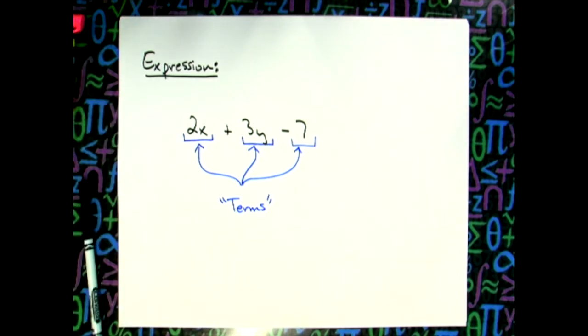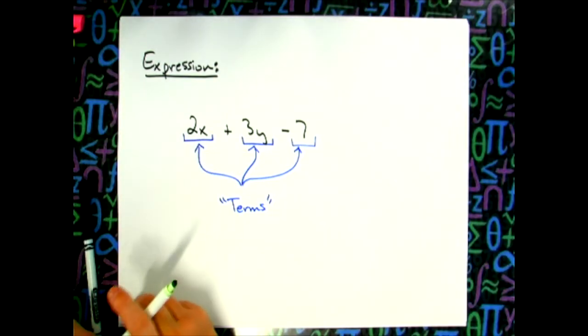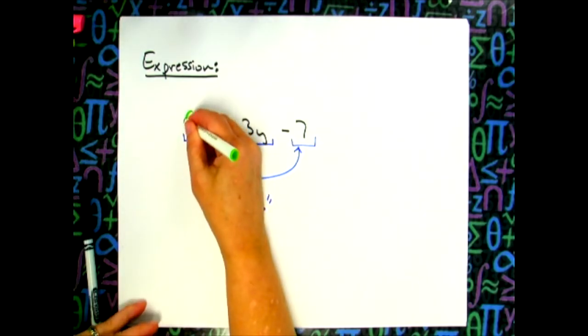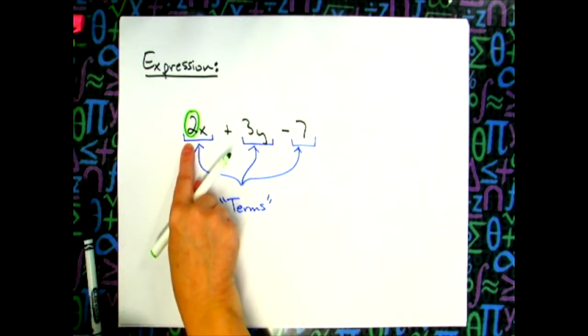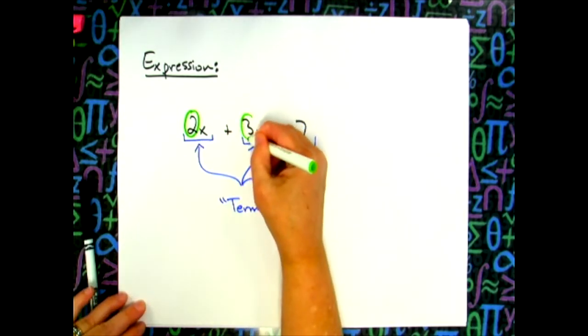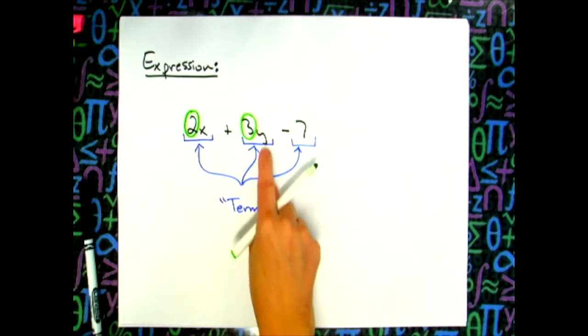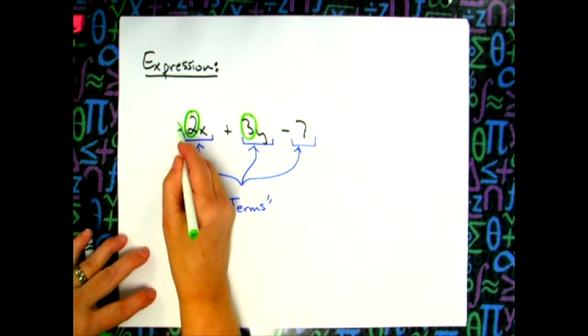All right, now hopefully from middle school you've heard the word coefficient. All right, coefficients are numbers that sit in front of variables. All right, so just that 2 right there, the 2 is sitting directly in front of the x, so it's a coefficient. The 3 is sitting directly in front of the y, so those are coefficients.